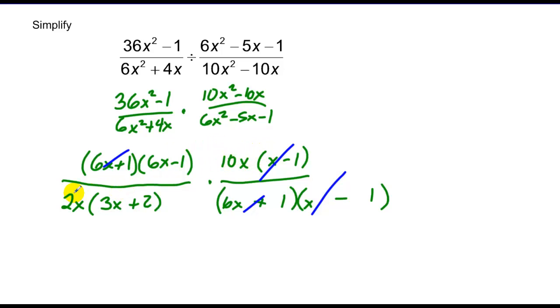I can reduce this 2 right here to a 1, this 10 to a 5, and this x reduces with this x. So what I have left is a 5 in my numerator and a 6x minus 1 over a 3x plus 2.